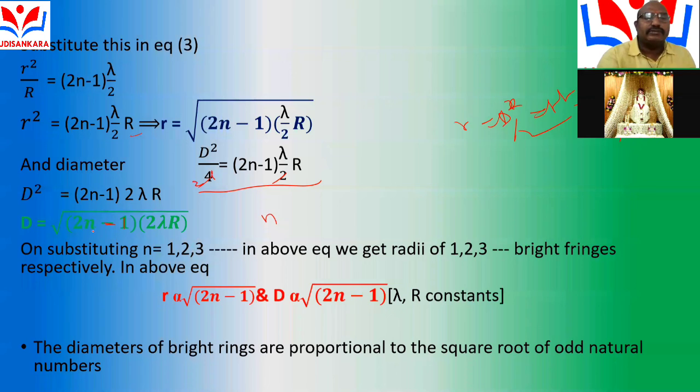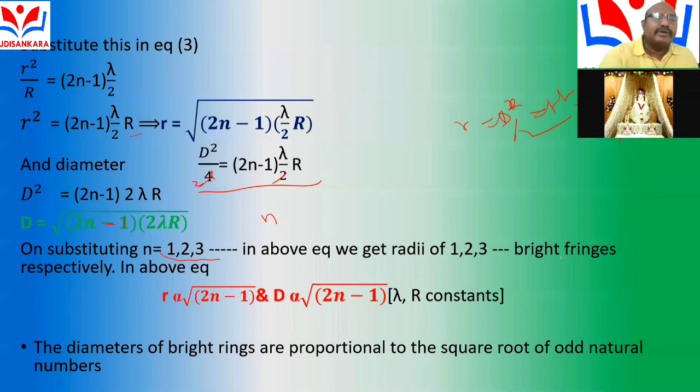N is equal to 1 substitute. So this is called the bright band condition. So the diameter of the bright rings is proportional to the square root of odd natural numbers.